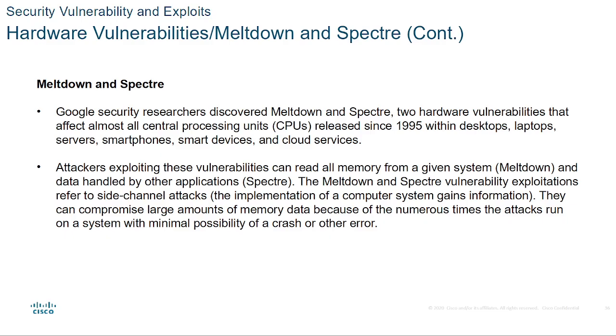The Meltdown and Spectre exploitations refer to a side channel, which is a feature of the implementation of a computer system that allows an attacker to gain information. They can compromise large amounts of memory data because the attack can run numerous times with minimal possibility of a crash or other errors.